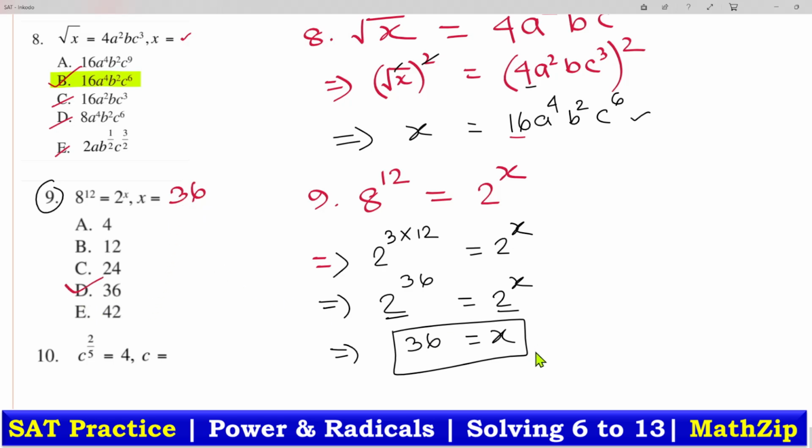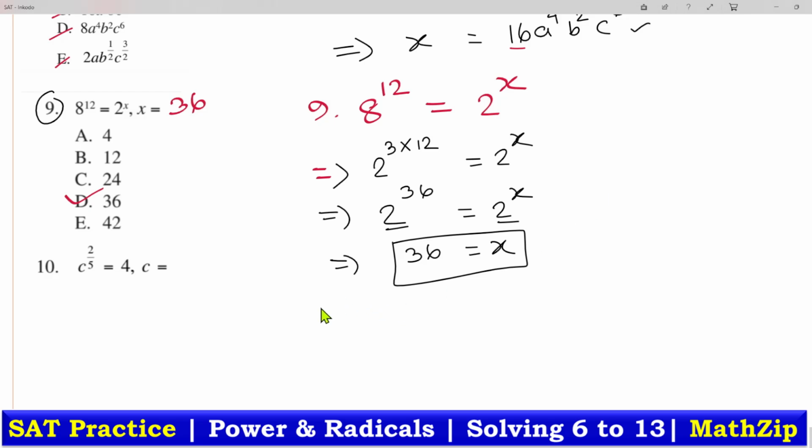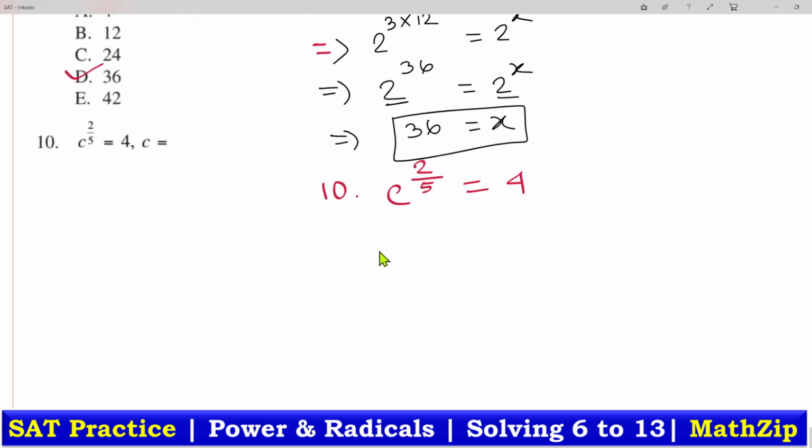So number 9 done. Number 10: c to the power 2 by 5 equals 4. Nice math. So what can we do? We have to find the value of c.